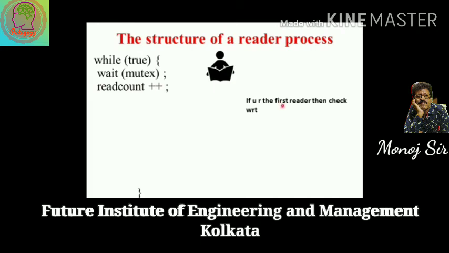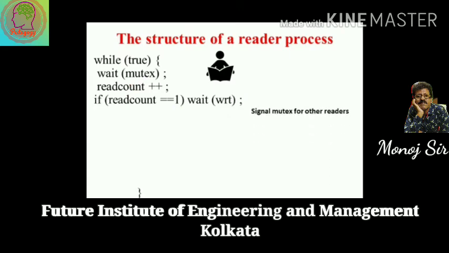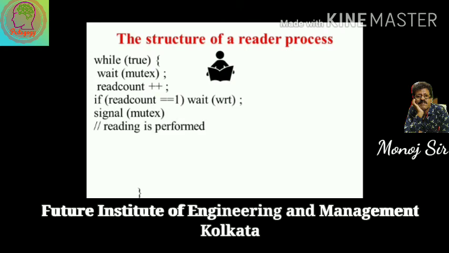If you are the first reader, then check WRT: if read count equals 1, wait(WRT). This is for the first reader. And signal mutex for other readers.